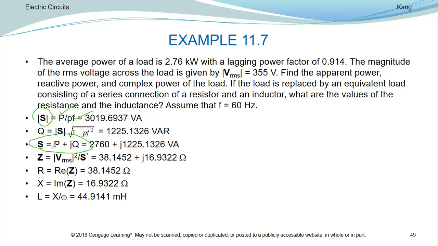This will be equal to 38.1472, and X will be the imaginary part of Z and R will be the real part of Z. So the real part is 38.14 and the imaginary part is 16.93.